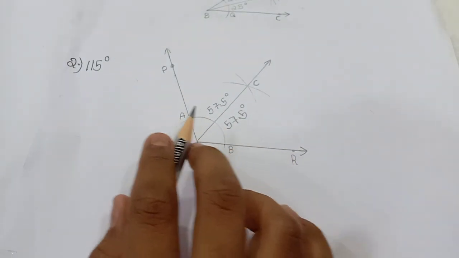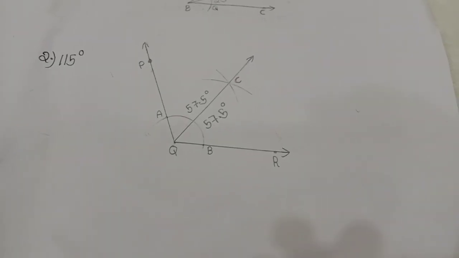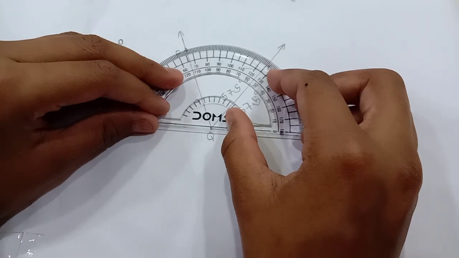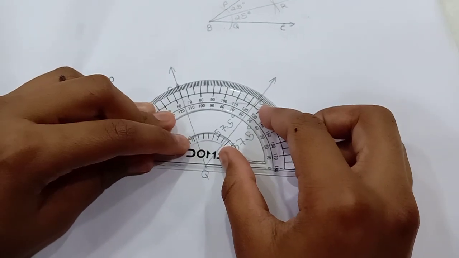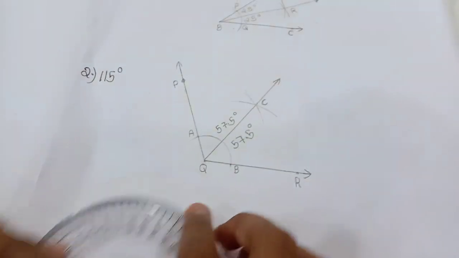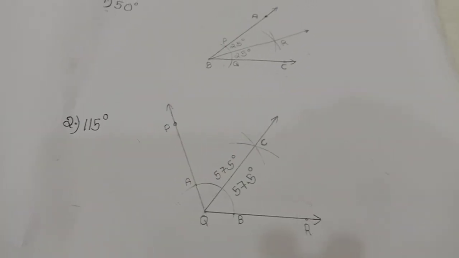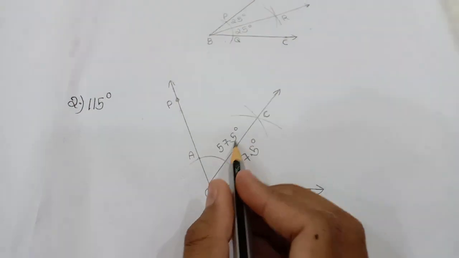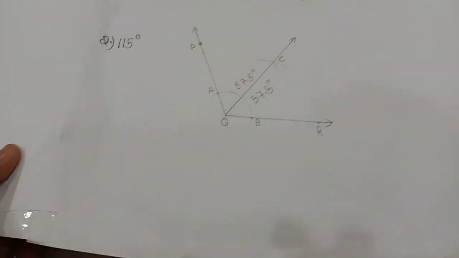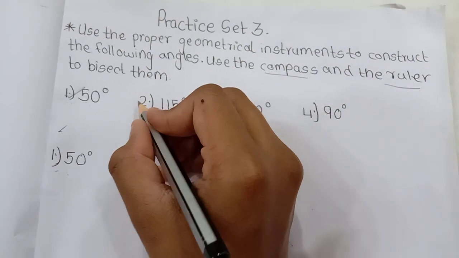So I made that angle, and we are going to check it with the help of a protractor. Yes, we have got the perfect angle. So it is right. So 115 half is 57.5 degree. Now we have done this. So we are going to put a tick mark for this one.